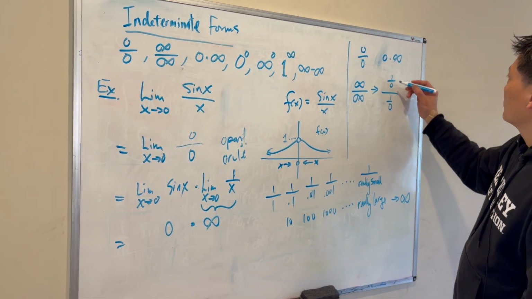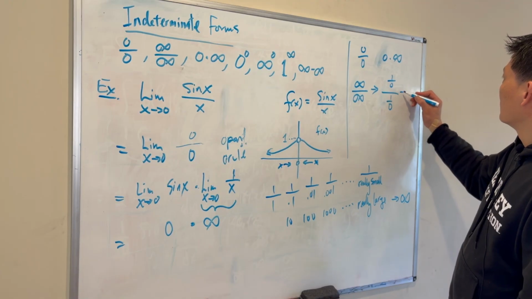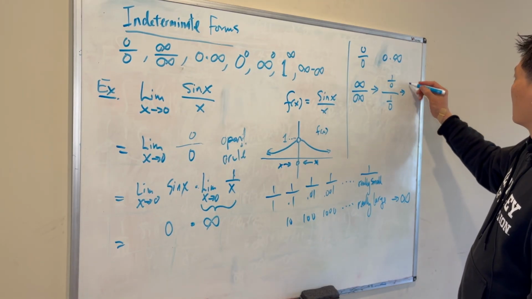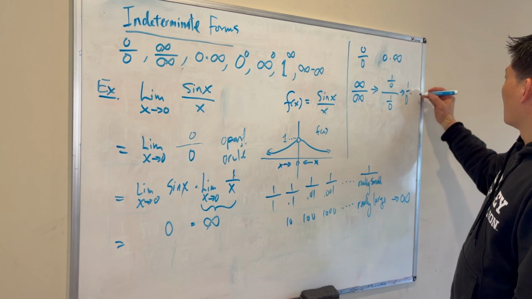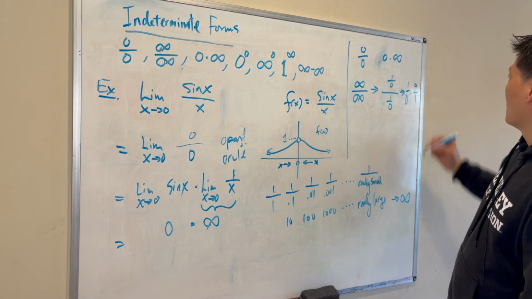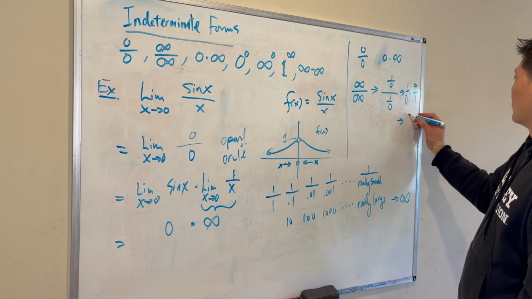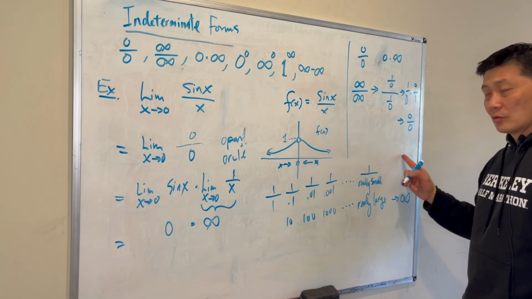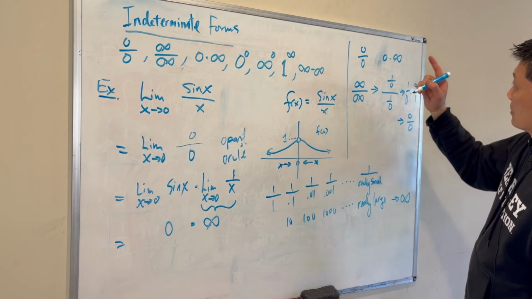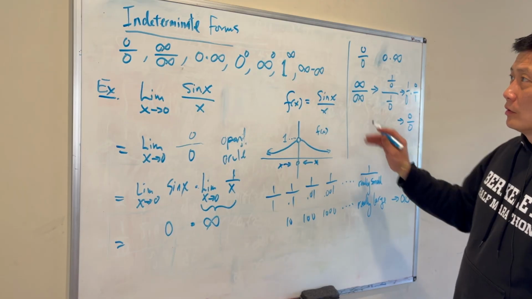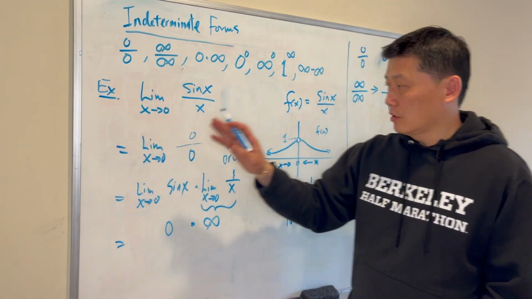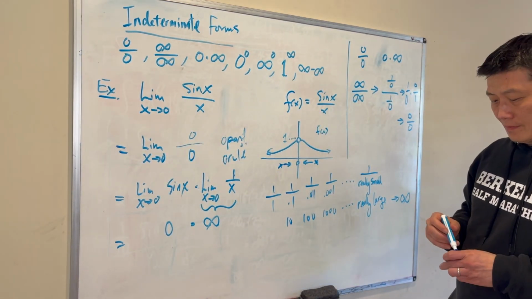If you have 1 over 0 divided by 1 over 0, you can make it into 1 over 0 times 0 over 1, which gives you 0 over 0, which gives you the same thing, an indeterminate form. So all these cases can be considered indeterminate forms.